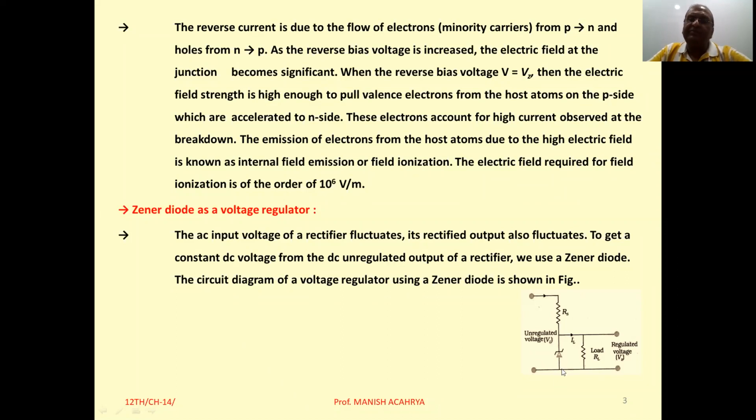It implies that suppose the input voltage reaches 7 volt. Here definitely 7 volt is greater than 6, so breakdown will take place.